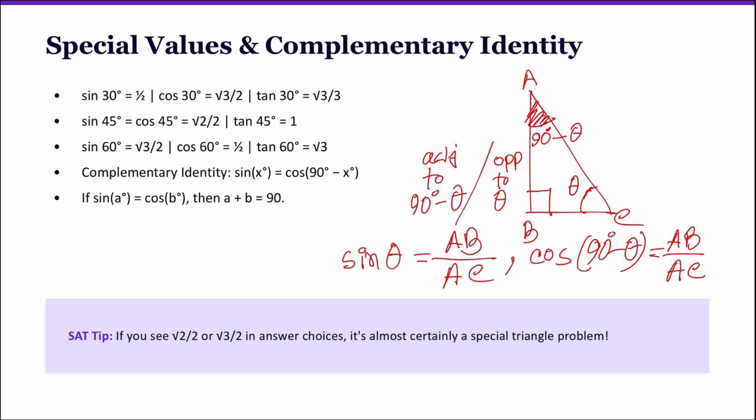So thus you have this identity that sine of x is equal to cosine of 90 minus x. And finally, if sine of A and cosine of B are equal, so just like applying this same result but backwards, then you can conclude that those two angles must be complementary, or A plus B must be equal to 90 degrees.